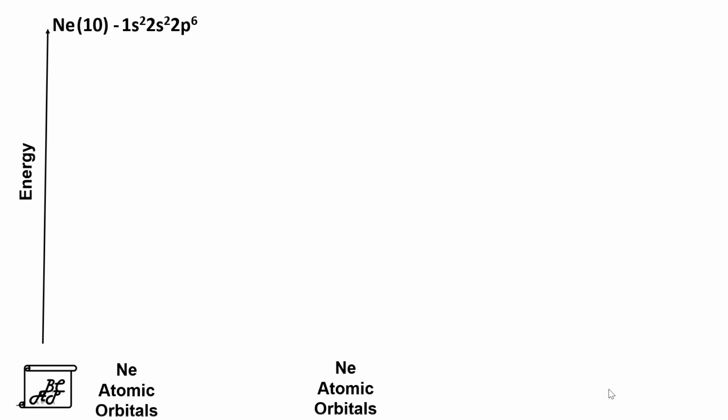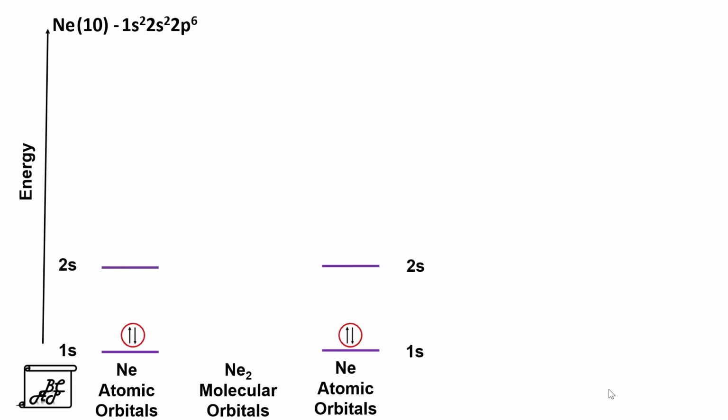Let's apply molecular orbital theory to neon molecule. Neon atomic number 10, electronic configuration 1s2, 2s2, 2p6. We will construct the molecular orbital diagram same as in the case of oxygen and fluorine. So first there are 1s orbitals with pair of electrons, then 2s orbitals with pair of electrons.